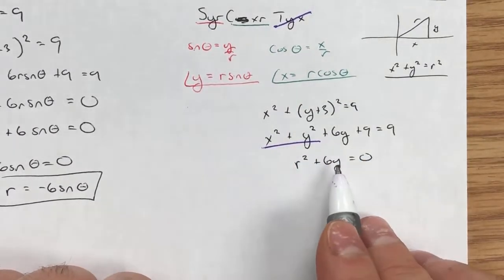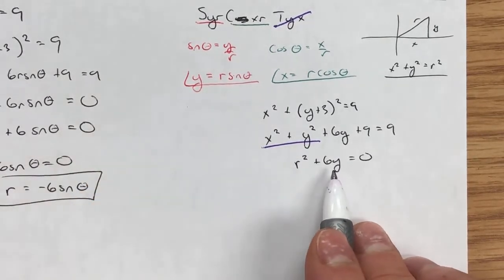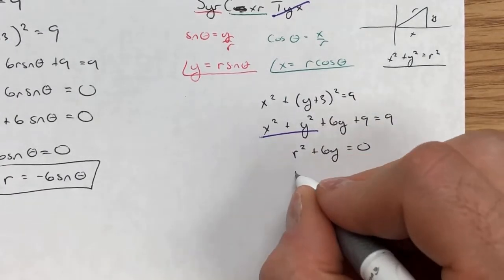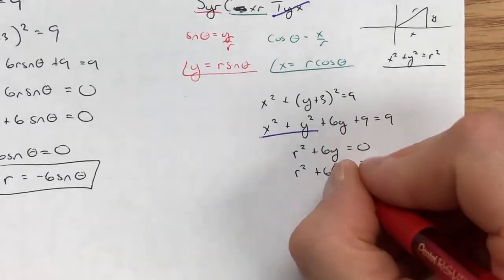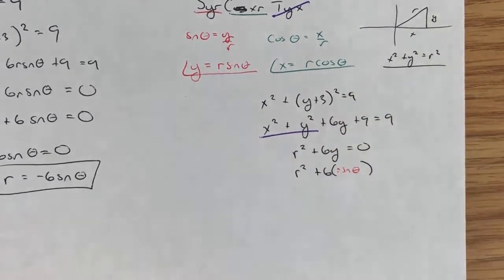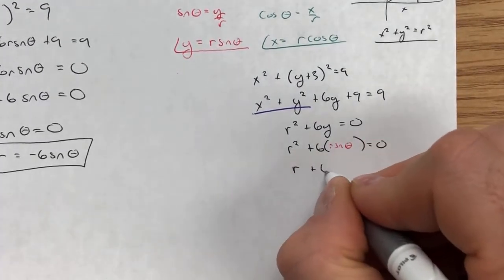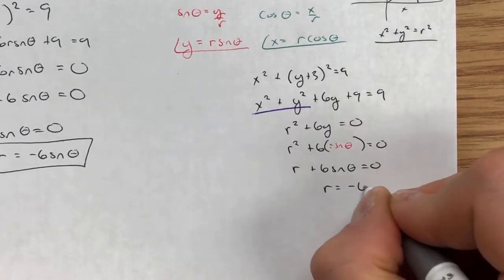So I only have one replacement to do. I'm going to replace my y with r sine theta. R squared plus 6 r sine theta equals 0. Because both these terms have an r, I get rid of it. R plus 6 sine theta is 0, and then subtract it.